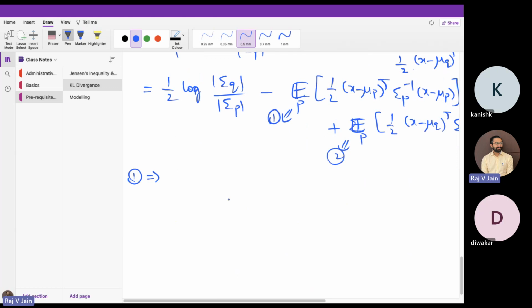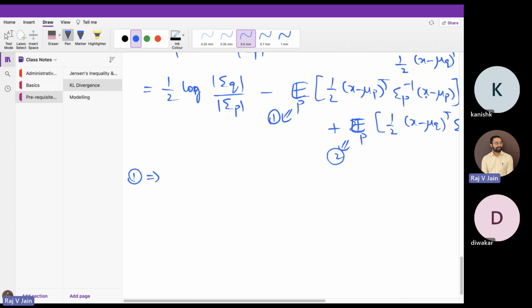So what we can do now, we think about it, this expectation is over this quantity. As we spoke just now, this is a scalar quantity, with three matrices multiplying each other. You can think of it as a row matrix, a square matrix d by d, and again a column matrix.